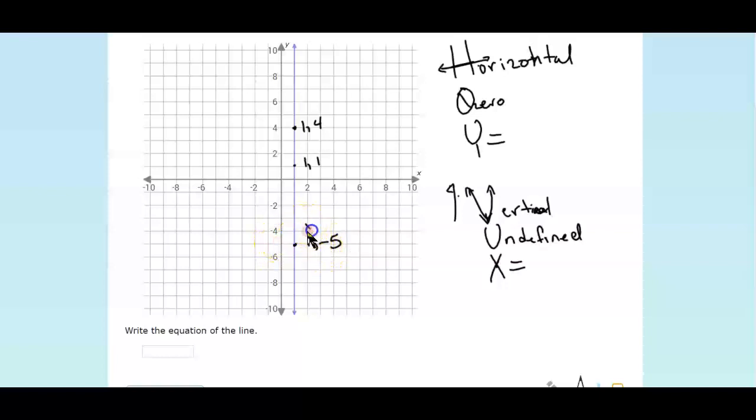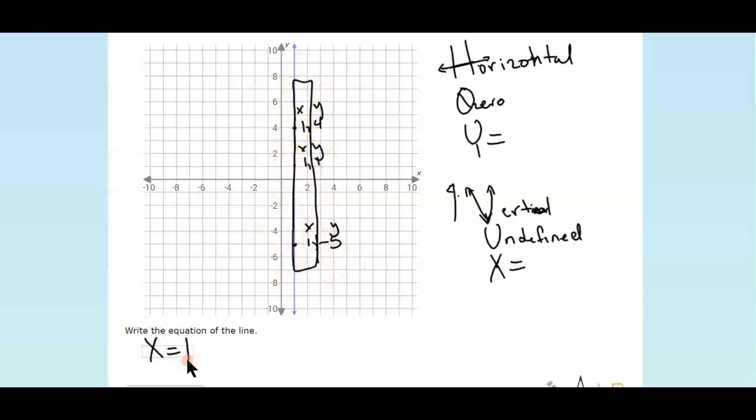Well, what do we notice is common in all of these different points? In every case, the x value is 1. So we could describe this line as x equals 1.